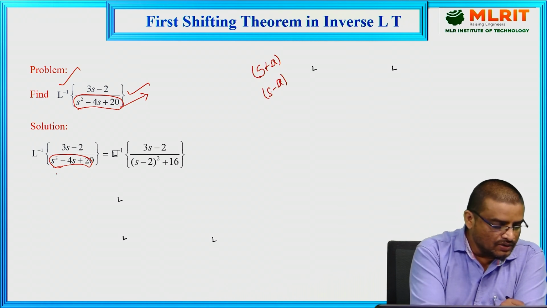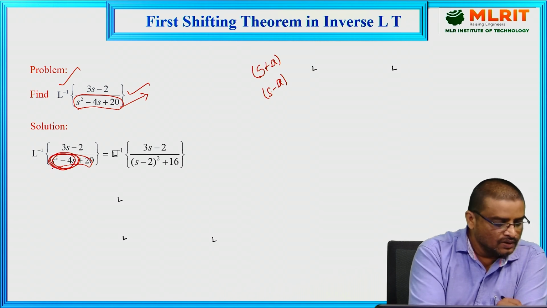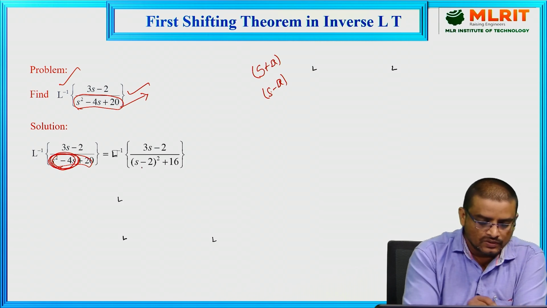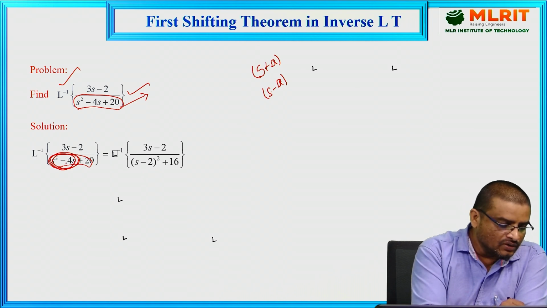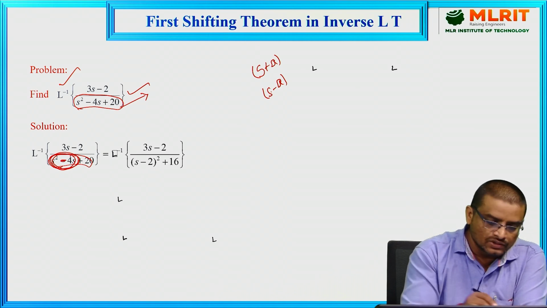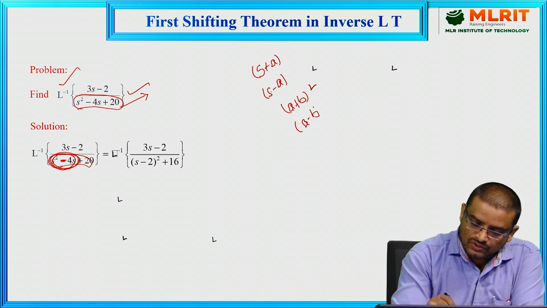So here we have to check s square minus 4s. For the product term here we are having a negative sign, so we can apply either a plus b whole square formula or a minus b whole square formula.